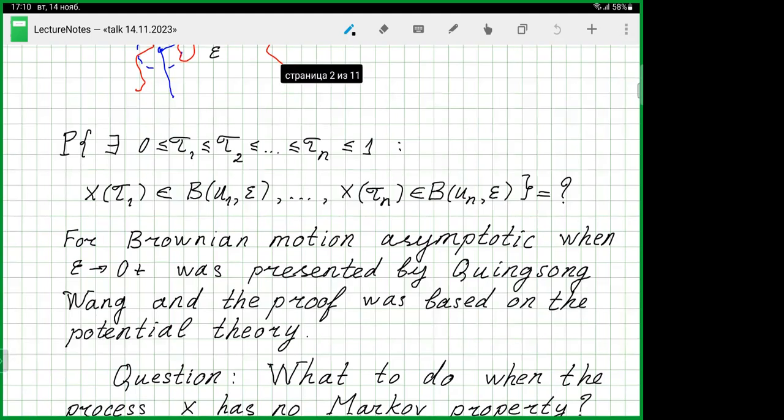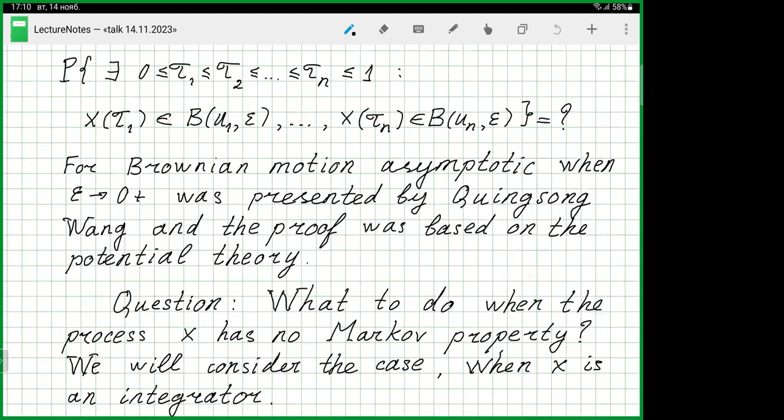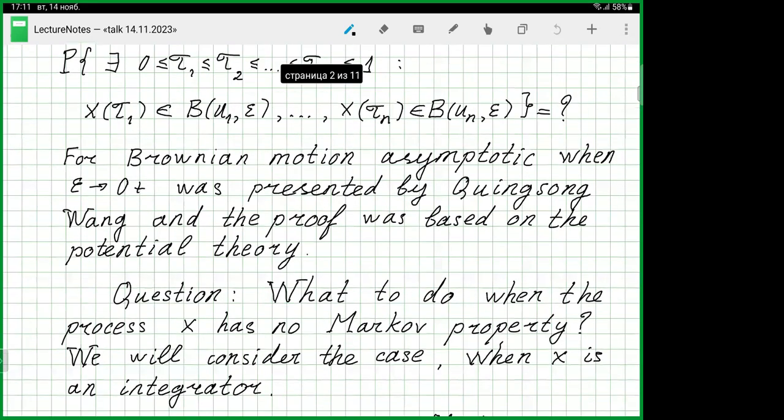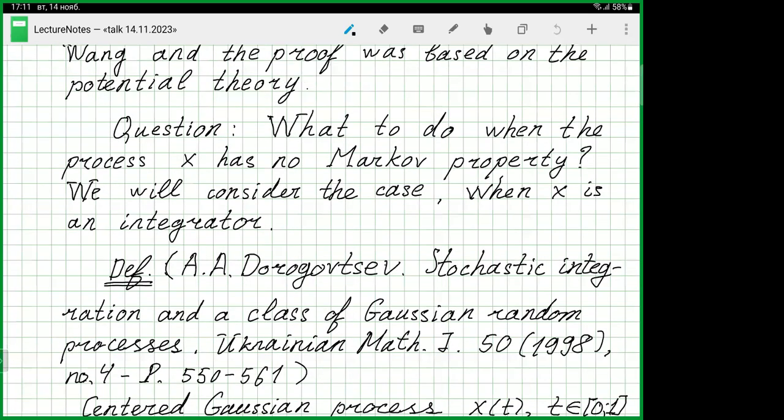Okay, so the question is the following: what can we do with the following probability when X is just a Gaussian process without even the Markov property? I will consider the case when X is an integrator. What is this? The integrators are a class of Gaussian random processes introduced by me in this paper, Stochastic Integration and a Class of Gaussian Random Processes, in the Ukrainian Mathematical Journal in 1998, due to their good properties relative to stochastic integration.